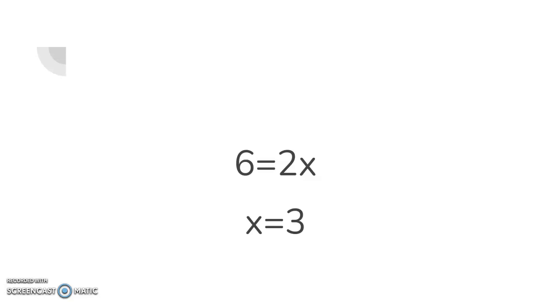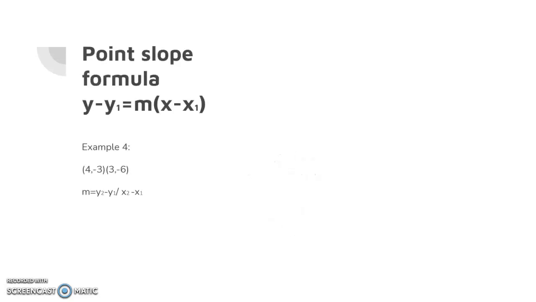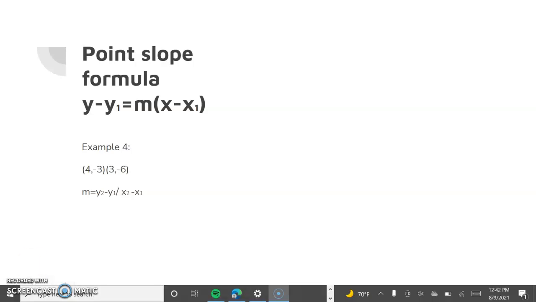Now, going on to formulas, and including slope, because linear equations are heavily involved with slopes and stuff like that. So let's move on. So now we have the point slope formula, which is y minus y1 equals m parentheses x minus x1. And the first thing we're going to solve for is m, slope, so we need to find that to do anything in this problem.